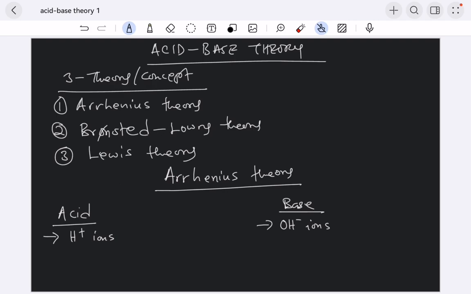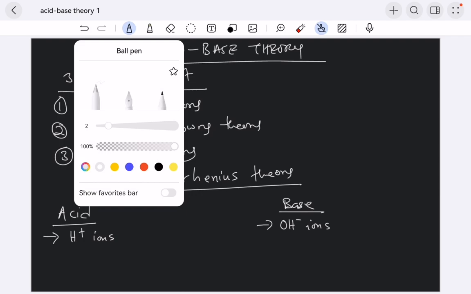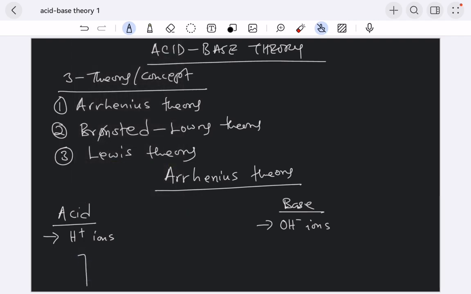So what this simply means is, if we're going to look at this visually, if we have a substance and we dissolve it in water, so this simply means that if we put an acid in water, microscopically what we are supposed to see is that we should have hydrogen ions contained in that particular solution.